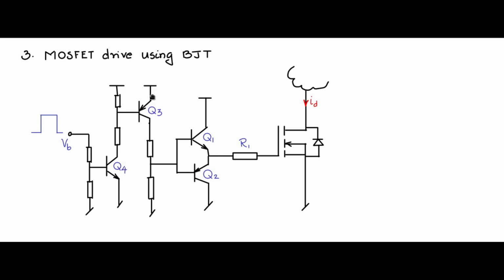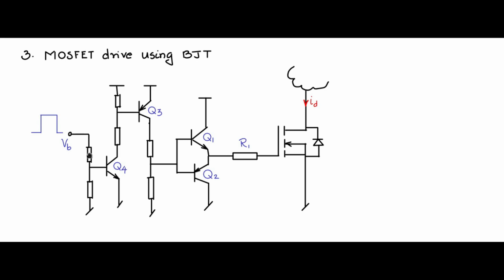Q3 is off, no base drive current flowing through this path and no base current for this, and Q1 is off. So when Q1 is off, there is no drive current to charge up the gate of the MOSFET. So the MOSFET is off. So when VB is low, MOSFET is off. ID is 0.